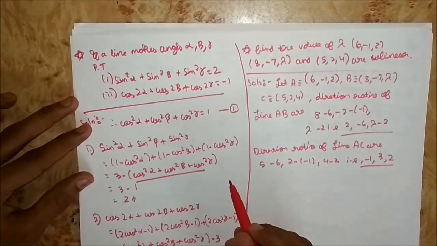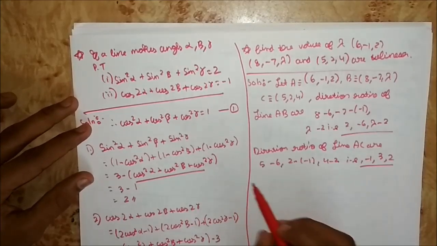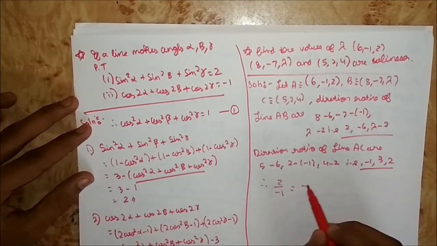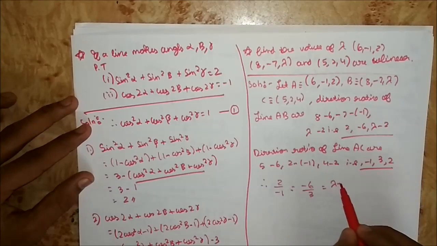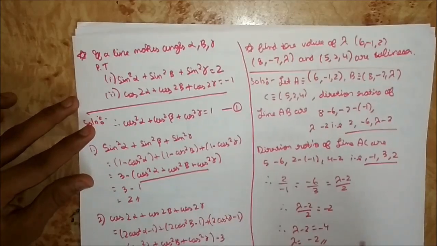Since points A, B, C are collinear, the direction ratios of lines AB and AC are proportional. So 2 upon minus 1 is equal to minus 8 upon 1 is equal to lambda minus 2 by 2. Therefore lambda minus 2 upon 2 is equal to minus 2. Therefore lambda minus 2 is equal to minus 4. Lambda is equal to minus 2, and hence done.